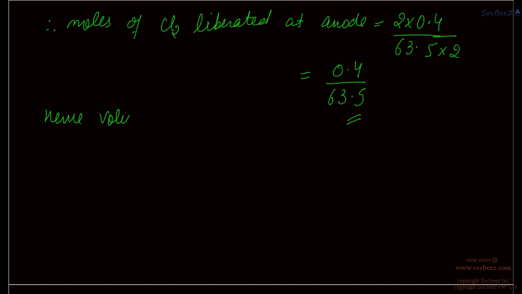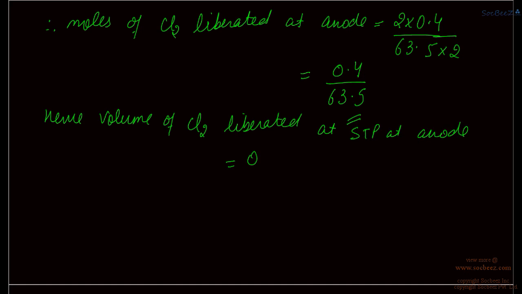Therefore, volume of Cl2 liberated at STP at anode equals 0.4 upon 63.5 into 22,400 milliliter. If we solve it, we get 141 milliliter.